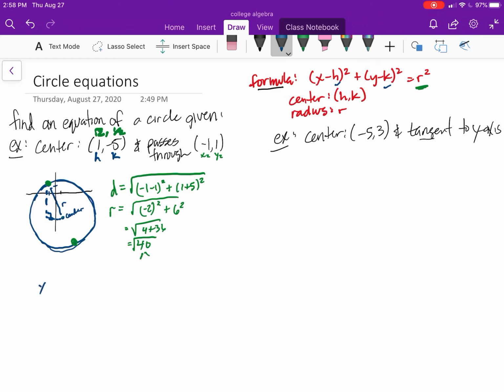We have x minus the center h, which is 1, squared, plus y minus the -5, so plus 5, squared, equals r, which is the square root of 40, squared. But a square root squared is simply 40.